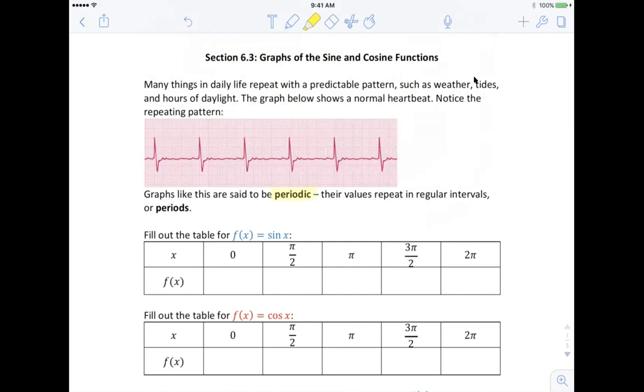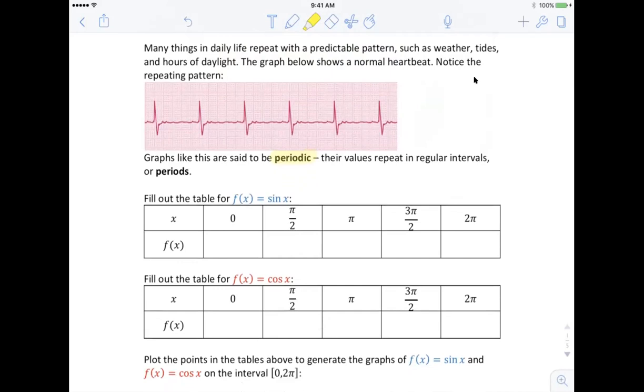So let's take a look at what a graph of the sine function would look like. Think of the sine function as f of x equals sine x. Here the input x is going to be an angle in radians, and the output is the sine of that angle. To fill out this table, you could use the unit circle from 6.2.